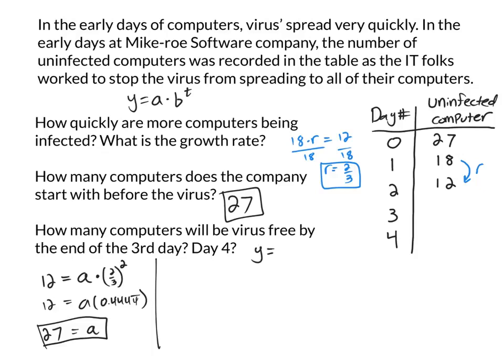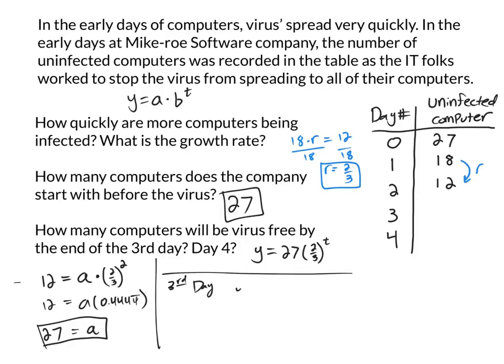Y equals the starting point. Well, we just found that out to be 27 times the growth rate, 2/3 to the power of the time that goes by. So if I want to find out the third day, I plug in 3 for the t.